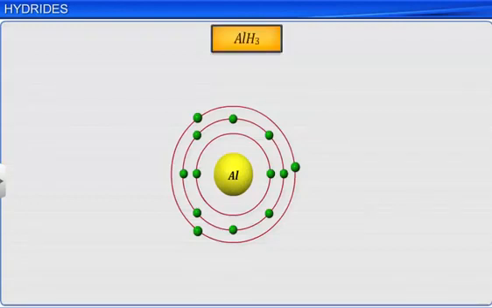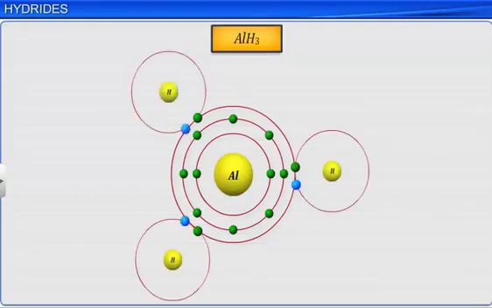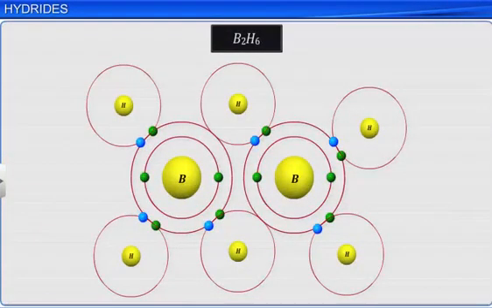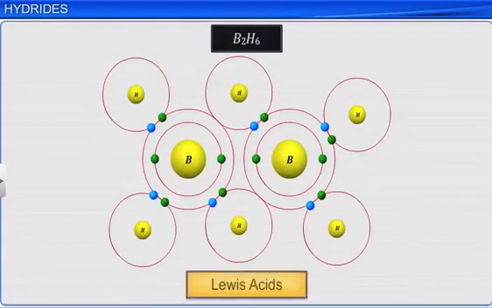Due to their incomplete octets, these hydrides generally exist in polymeric form. For example, BH3 exists as diborane B2H6. They act as Lewis acids, that is, electron acceptors, as they are electron deficient.